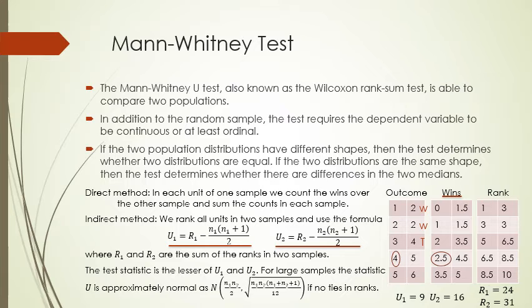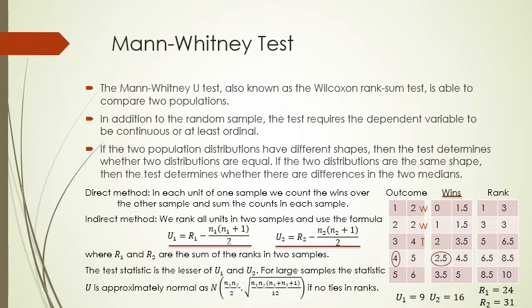In the example, we may rank the outcomes from the smallest to the largest outcome. 6 has a rank of 10. After we sum in each sample, we have R1 is 24 and R2 is 31.